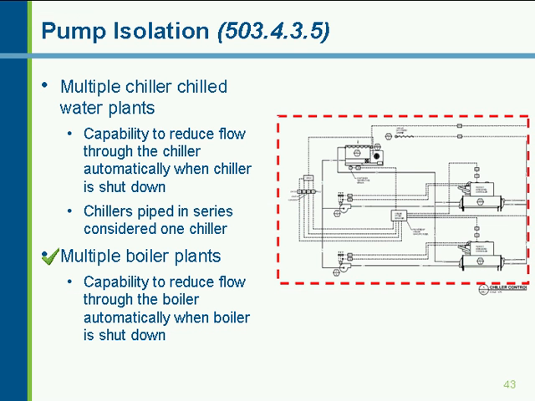And this would be when the system is at less than peak load. For example, only one chiller was needed. You would be required to shut the pump down to the standby chiller, the chiller that wasn't running, so that you didn't waste the pumping energy of flowing water through that chiller when it was not being used.